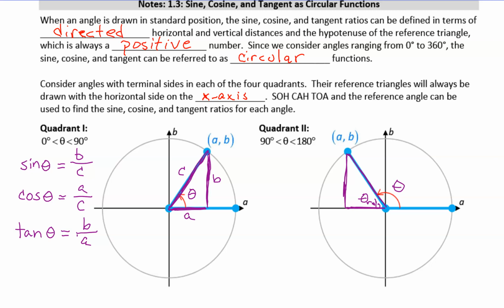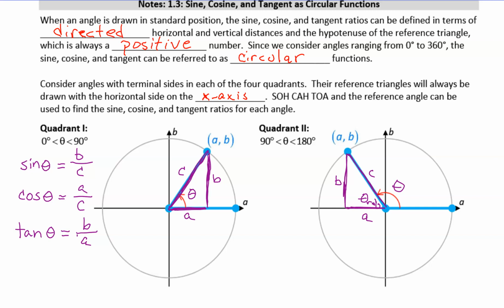The reference angle, or theta ref, is on the inside of the triangle, and you can see that it's supplementary to the angle theta. Again, to get from the origin to point a comma b, we go over to the left a and up b, and notice that a is negative when we're in the second quadrant.